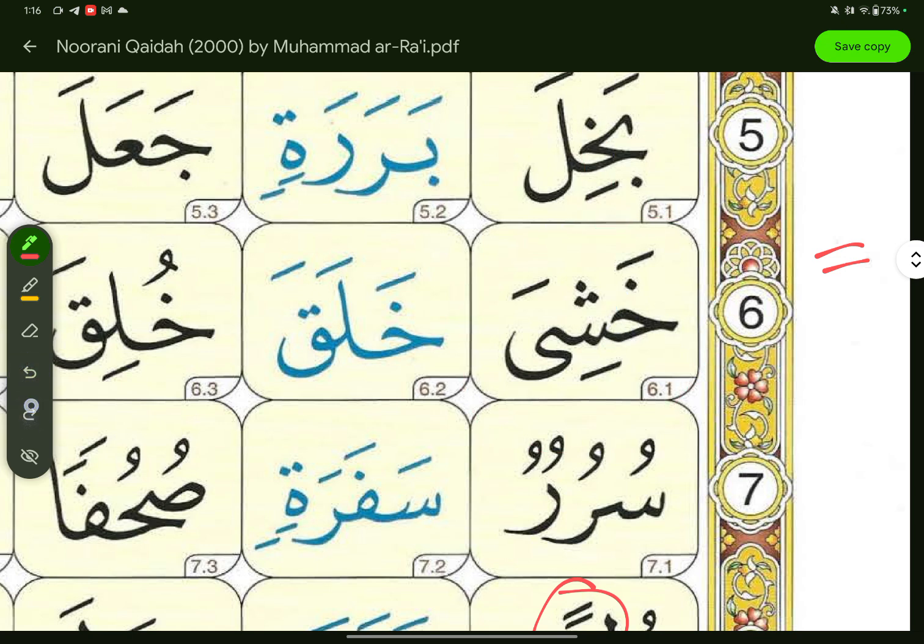So the first letter. The dot is on top, so it's a kha. Oh, ka. Okay, ka. The second letter is what? The middle one has 3 dots on top.